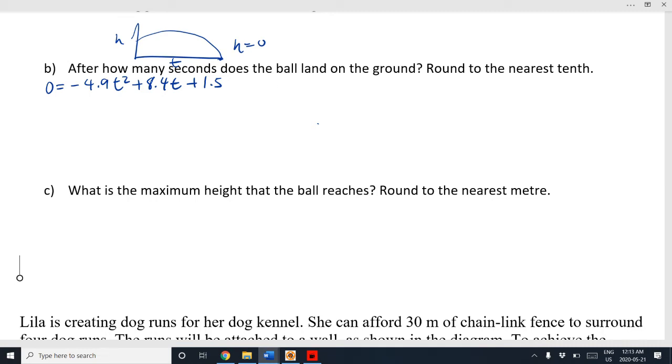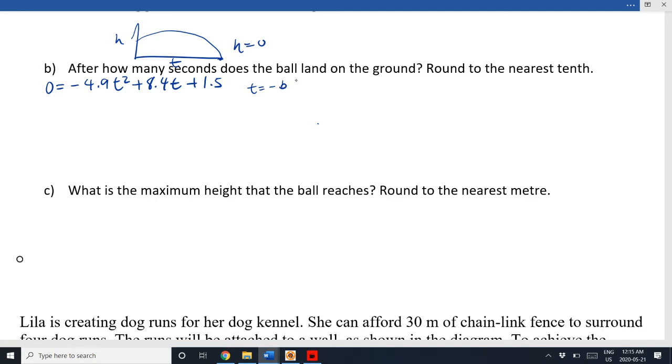So we're going to be solving for our t-intercepts or x-intercepts. So t is equal to negative b plus or minus the square root of b squared minus 4ac all over 2a. Okay, so let's start plugging in our values. Before we do that, let's list what our a, b, and c are. a is negative 4.9, b is 8.4, and c is 1.5.